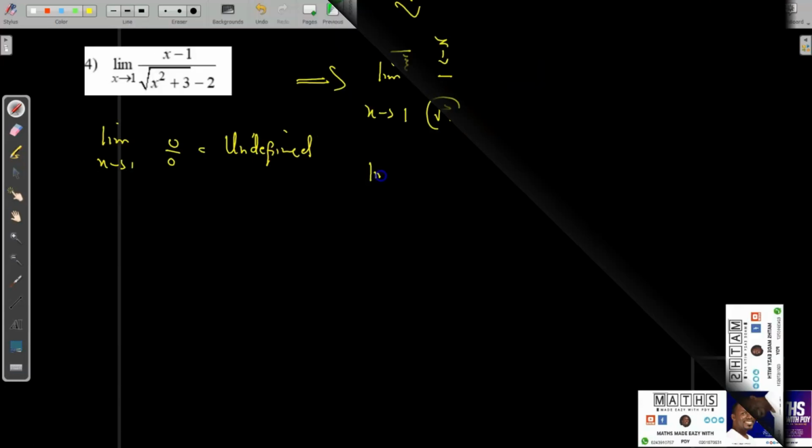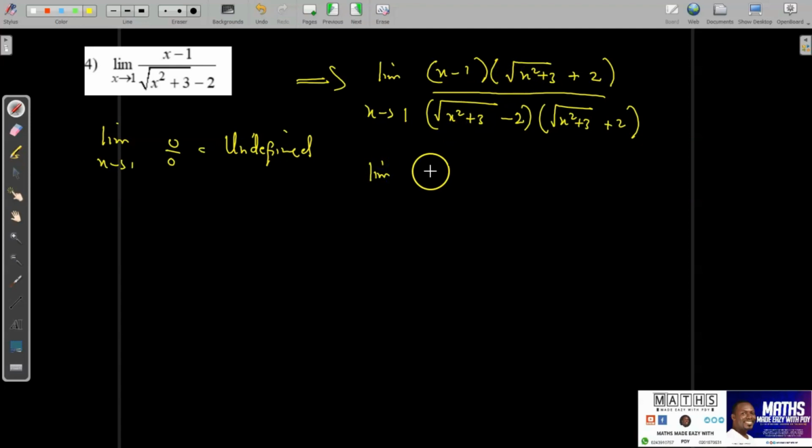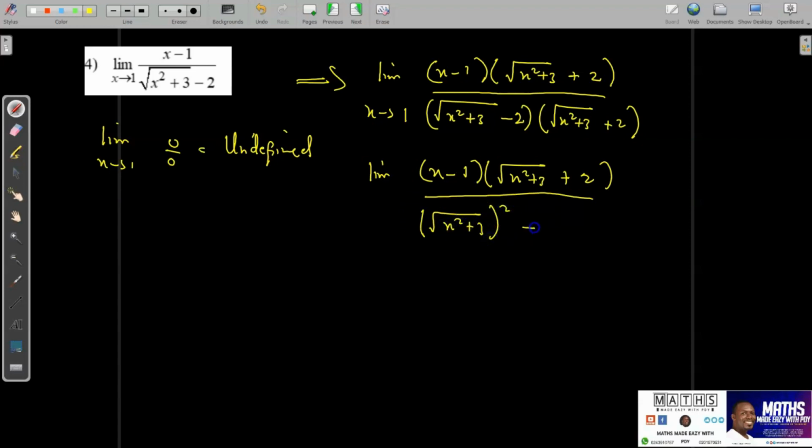We have the limit. We still maintain the numerator as (x minus 1) multiplying (the square root of (x squared plus 3) plus 2). Then this will be divided by the expansion of the denominator, which gives us a difference of two squares. So you end up getting the square root of (x squared plus 3) all squared minus 2 squared, as x approaches 1.